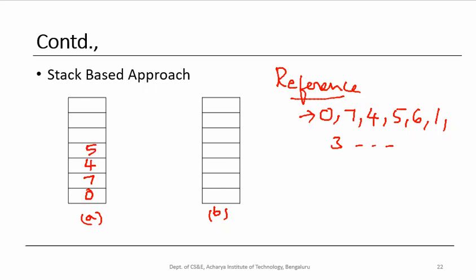When the reference is made to 5, it is put here, 6 here, 1 here and 3 here. So it means that all these pages are there in the main memory. That's the assumption.